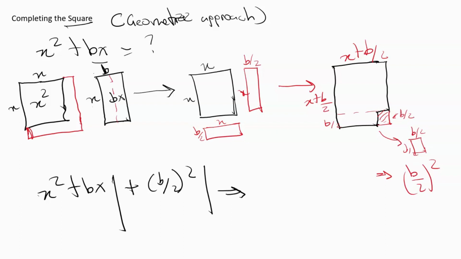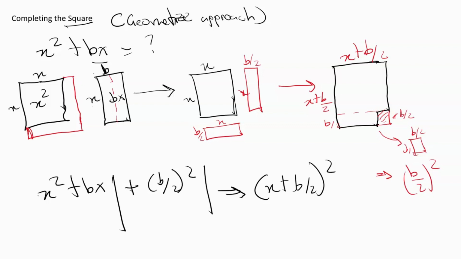And that created a bigger square, which is x plus b over 2 times x plus b over 2. So now the new square would be of x plus b over 2 squared, right? That would be the area of this new square, and we got this bigger square by adding this extra square, which is b over 2 squared.